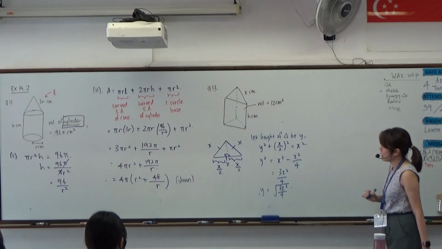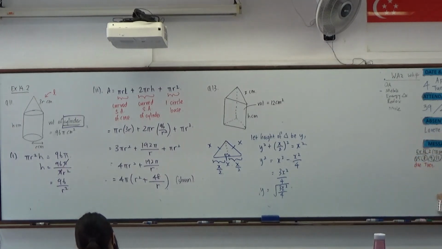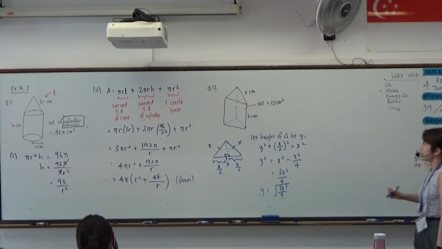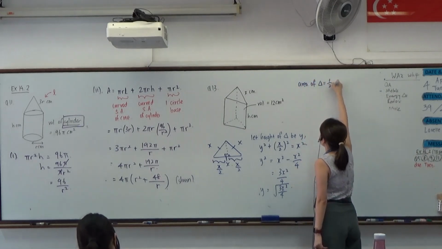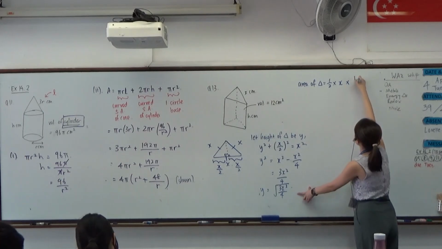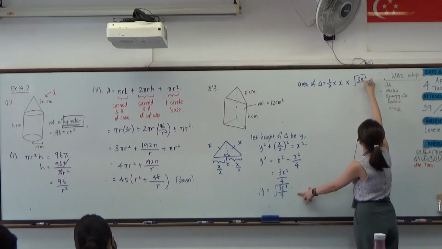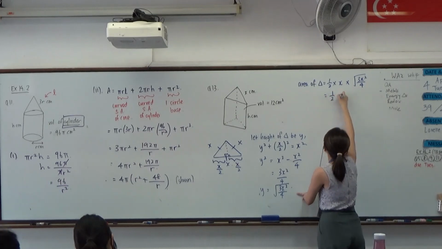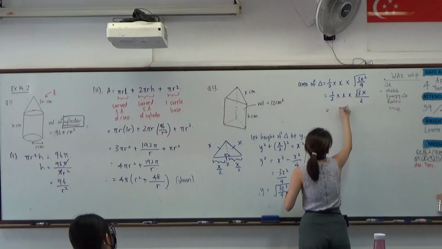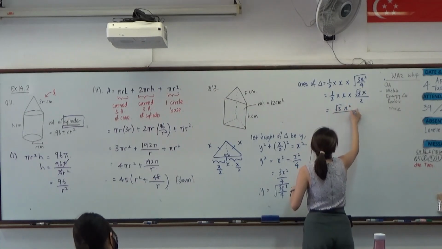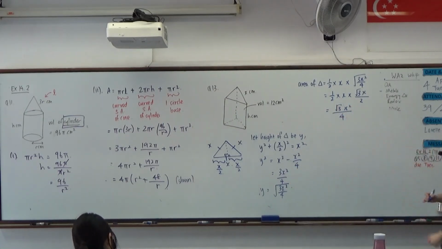And then your y is equals to square root 3x squared over 4. So the area of triangle will be half times base times height, and we get square root 3x squared over 4.